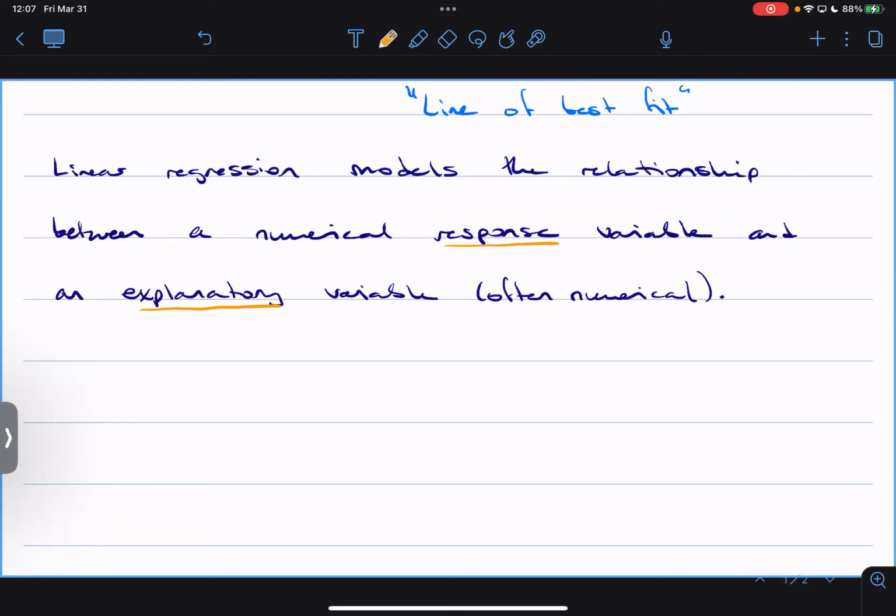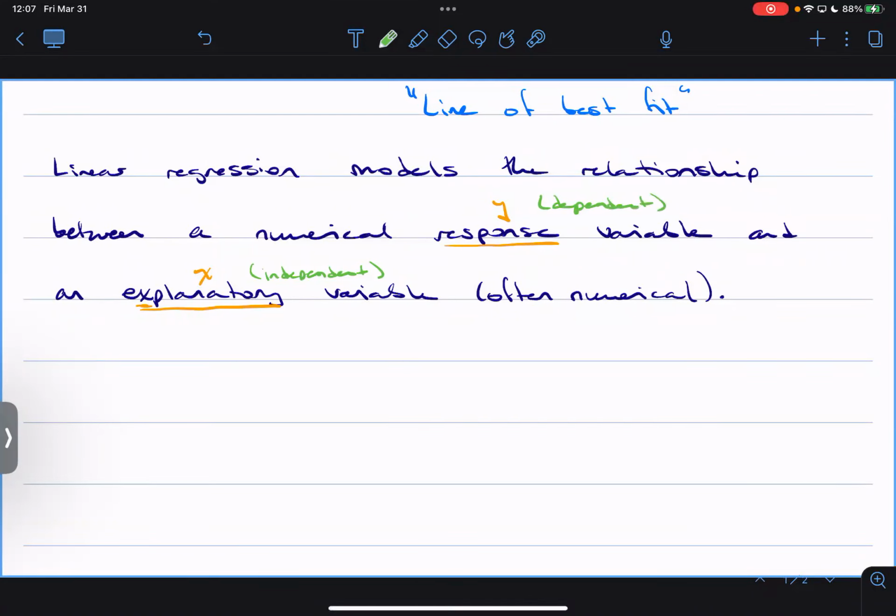The response variable is your y, and your explanatory variable is your x. That's why I like to use the term explanatory, because it has the x in it. Yeah, so if you want, you could say that this is the independent variable and the y is the dependent variable.